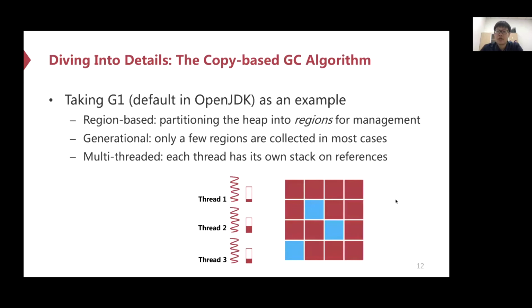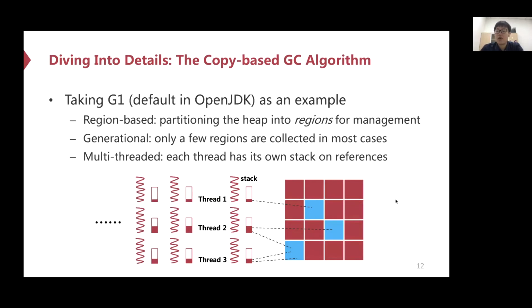It's also multi-threaded. Each working thread has its own stack, which stores references to the heap regions. During work, the thread will use these references to process objects, find all live objects, and copy them. By adding more working threads, the algorithm can reduce the GC pause time.